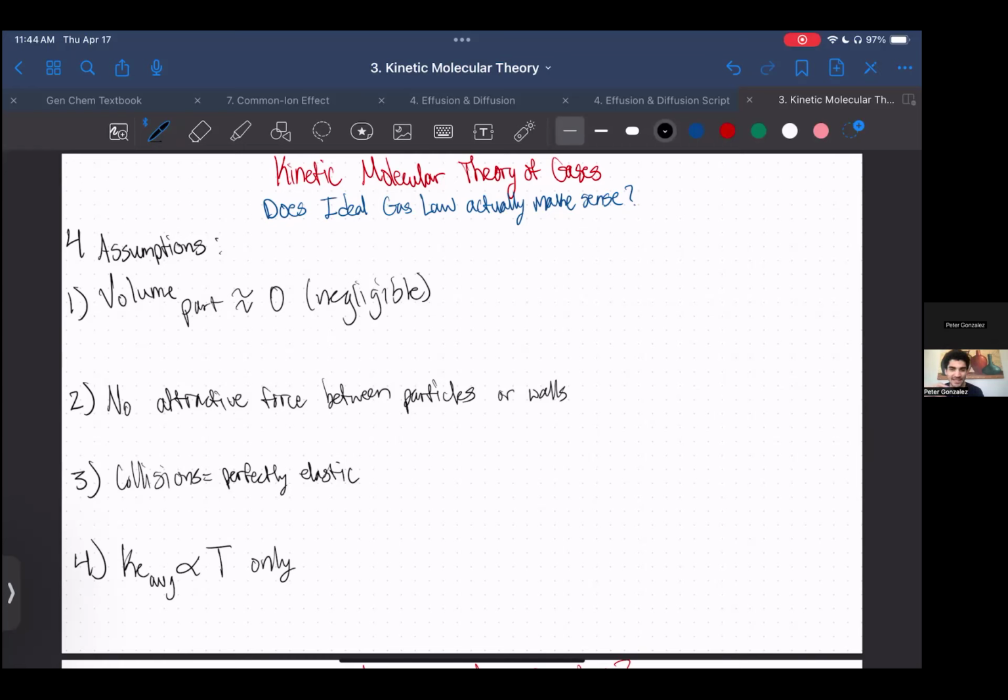Along a similar trend, number two is that the particles cannot exert any attractive force on other particles or on the walls. The reason this one matters is more about how we think about energy transfer, or even volume itself. Think about it like this. If you heat up, let's say, water, it doesn't instantly turn to gas, right?